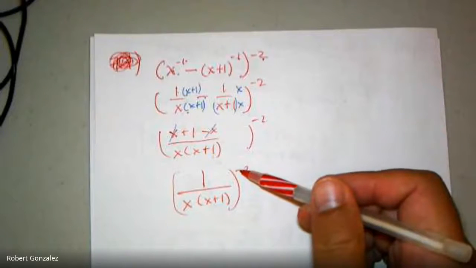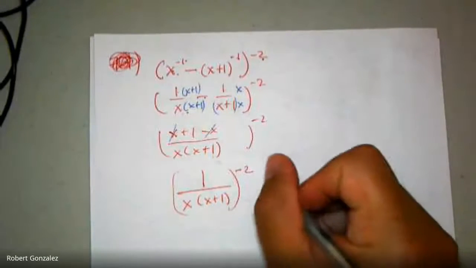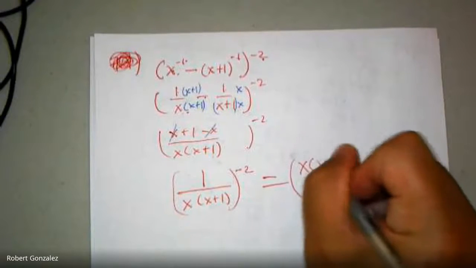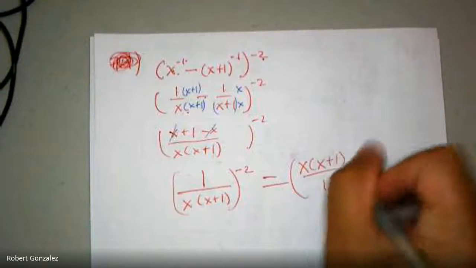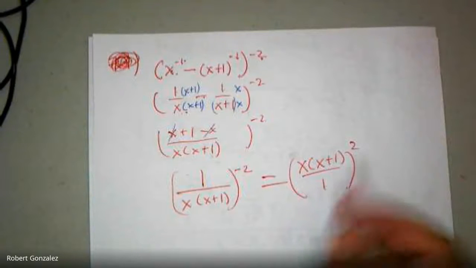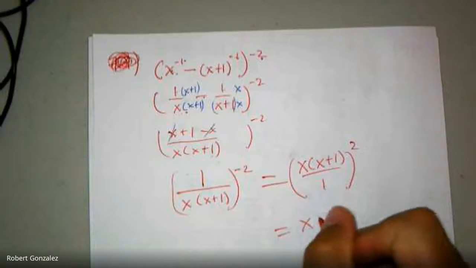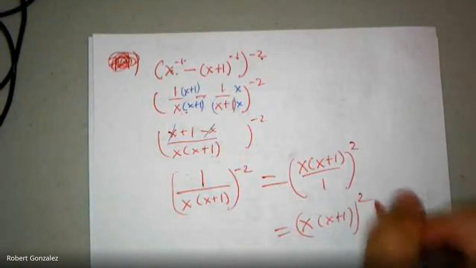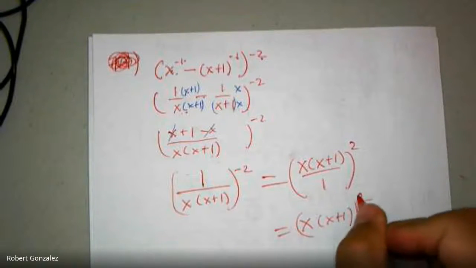Do you know what this negative sign does? It does the reciprocal. You flip it. Still have a 2, but now we got rid of the negative sign. And I know that something over 1 is just itself. And now I can square each item inside.